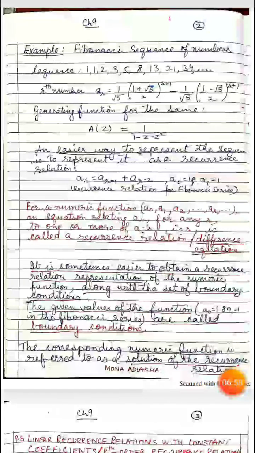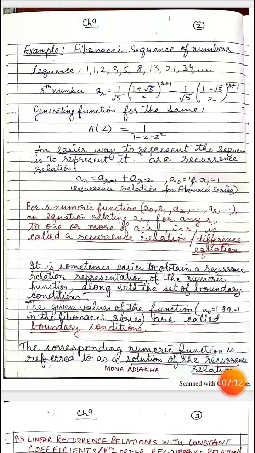As we proceed in this chapter, we will be referring to the difference equation, which I think you have done in class 11 or 12. As we go through the subsequent sections, you'll remember what you have done.